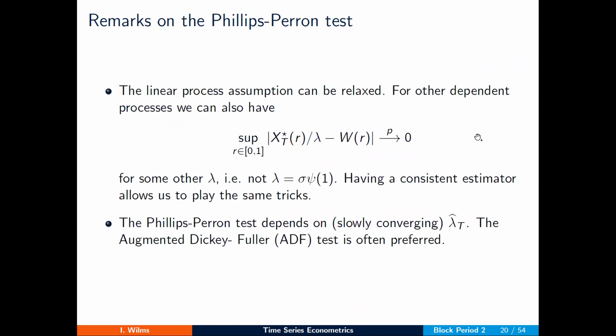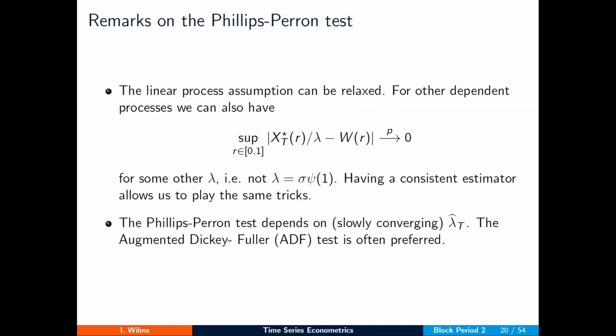Now, before wrapping up this video, some concluding remarks still on the Phillips-Perron test statistic. Note that we relied on linear processes and the Beveridge-Nelson decomposition to establish our derivations. But also for other dependent processes, we have this uniform convergence result, but we will not look into those results in this course.